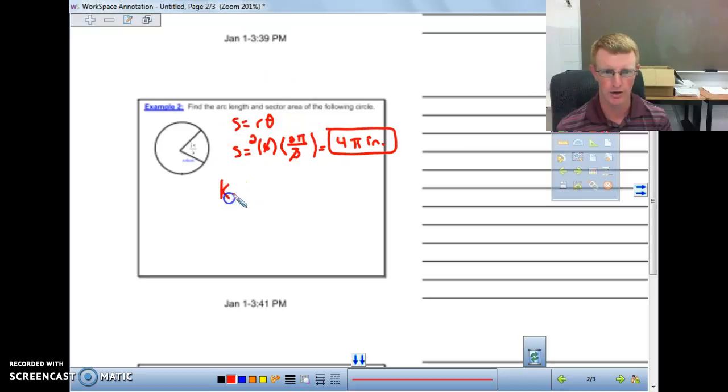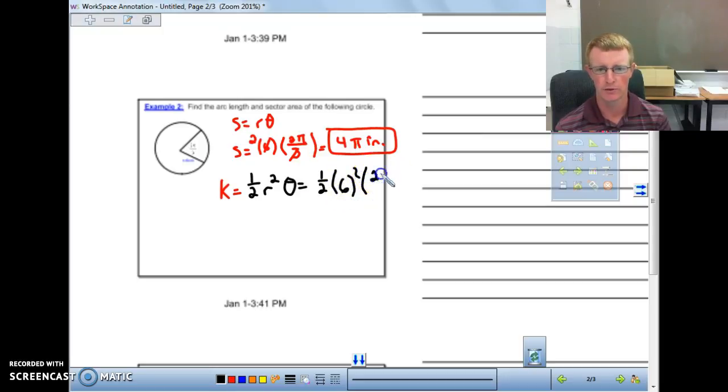Now we can do our area. K equals 1/2 r squared theta, which equals 1/2 times 6 squared times 2 pi over 3. 6 squared is 36. Half of 36 is 18.